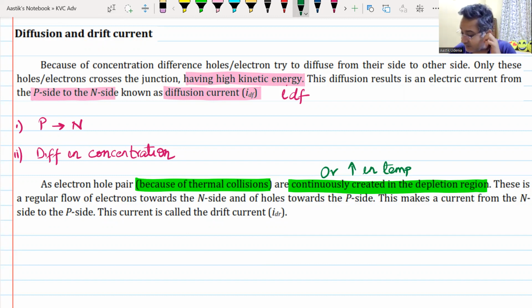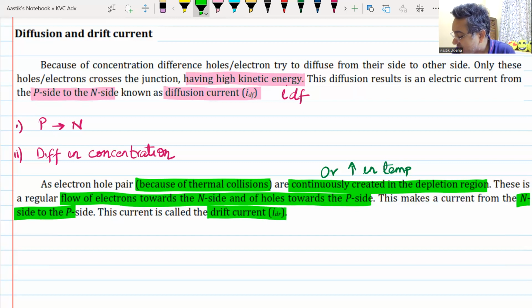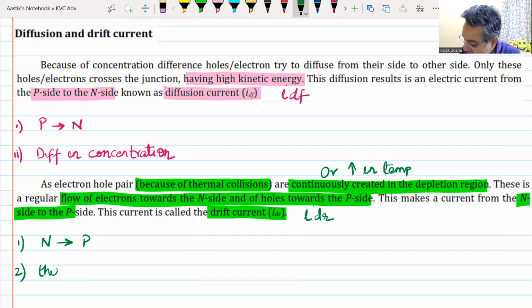Now, because of this creation, there is a constant flow of electrons towards the n side and holes towards the p side. Because of this, there is a current from n to the p side. This current is known as the drift current. So what are the two things that you must remember about the drift current? It is from n to p. Number 2, it is because of thermal agitation or thermal collision or increase in temperature.